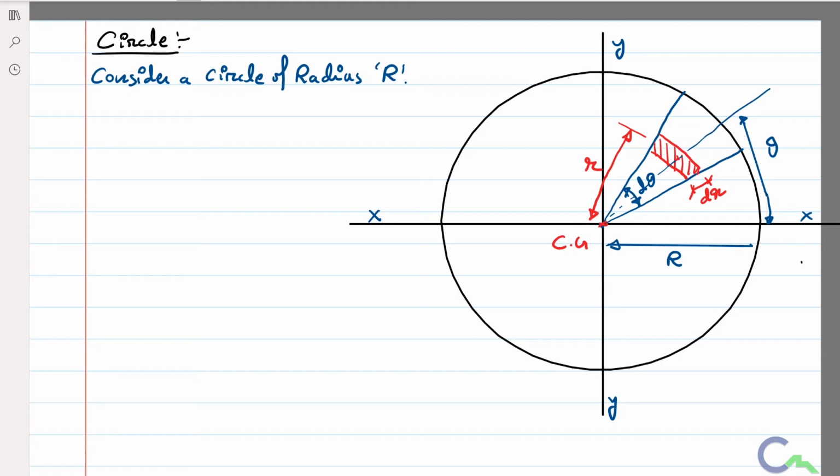So this is the CG of the elementary strip. So with angular thickness, that is d theta, and radial thickness dr, at an angle of theta I have taken here, then at a distance in the radial direction of small letter r.